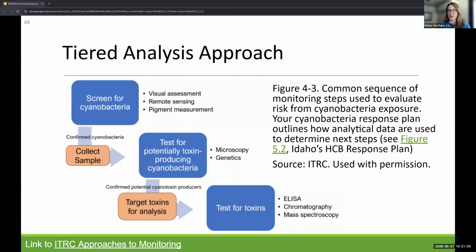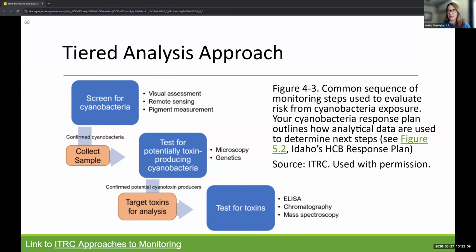It's particularly so that you can monitor as many sites as you need, and also multiple water bodies, particularly in a watershed, which are oftentimes influencing your sites of interest. And this tiered approach is something that the FHAB program has employed for over 6 years.